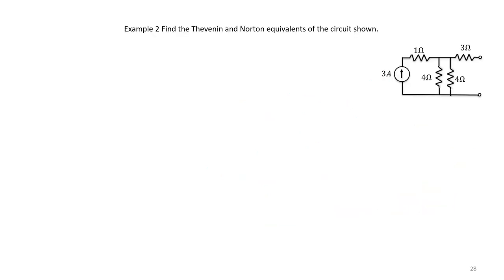So let's go ahead and determine our Thevenin voltage. And as we mentioned, in this case, we notice that basically this whole area we can treat as our Thevenin voltage relative to the ground.